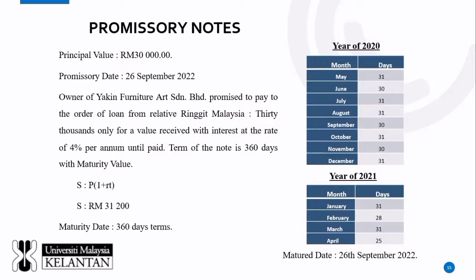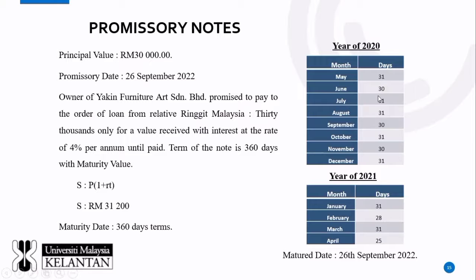Below that, we can see the calculation method: principal plus interest. The maturity value is about 31,200.